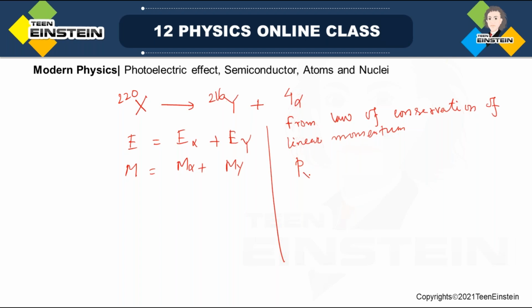Initially the nucleus has zero momentum. That is equal to the momentum of the alpha particle plus the recoil, which will be in the opposite direction. Therefore, the momentum of the alpha particle equals the momentum of the nucleus.